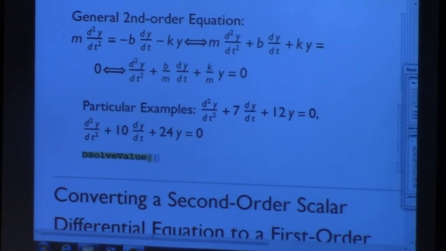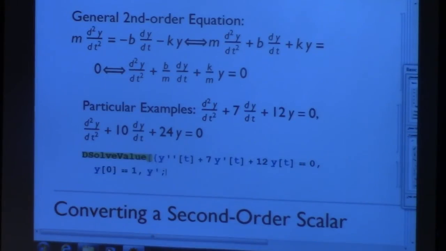The original equation is a second order equation: y double prime of t plus 7y prime of t plus 12y of t equals 0. I'll put my initial conditions in. y of 0 equals 1. I do have to type y prime of 0 here instead of v of 0 because in this code, Mathematica wouldn't know what v is. Equals 0. Solve for y as a function of t.